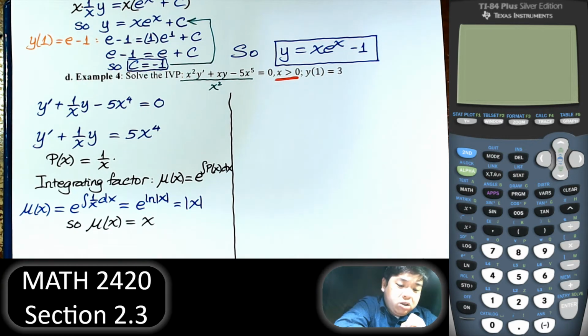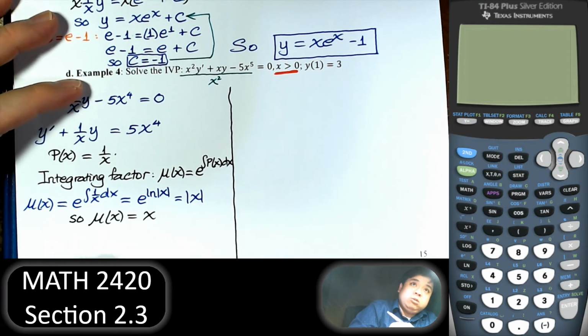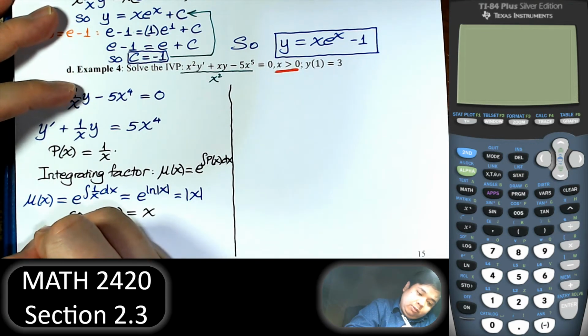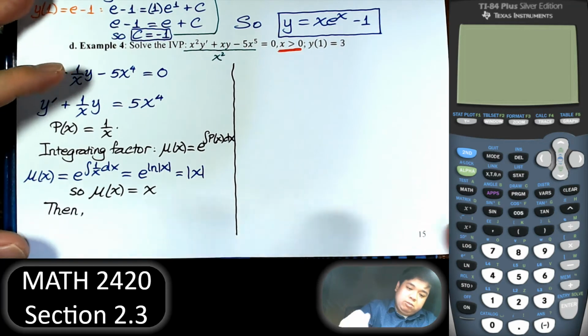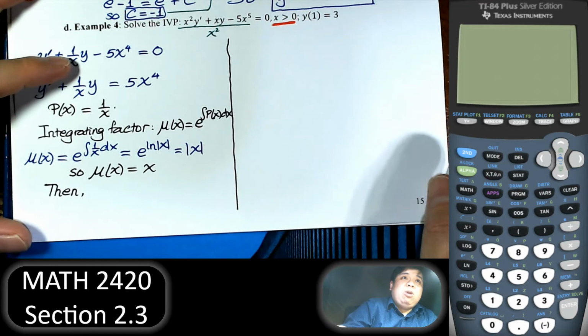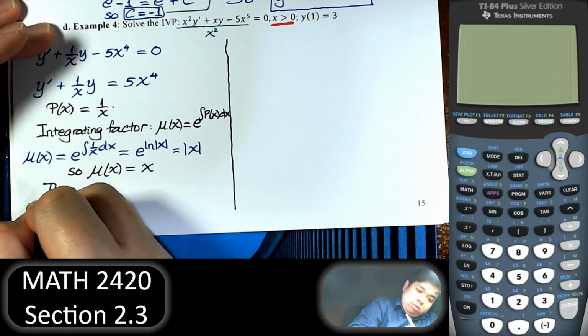Right, multiply both sides and then just integrate. Not going to write all the commas every step, so we just multiply x on both sides.